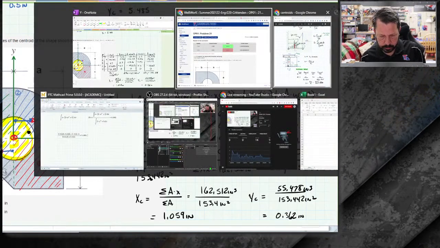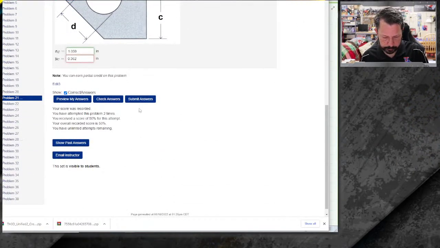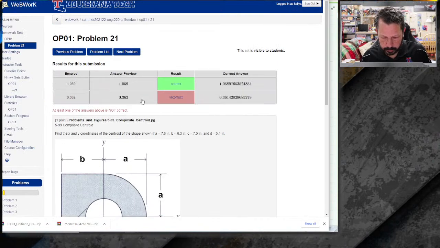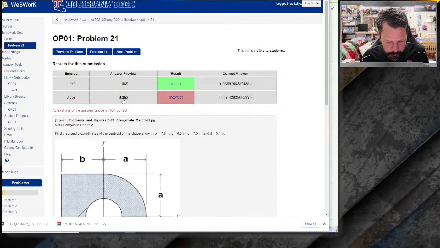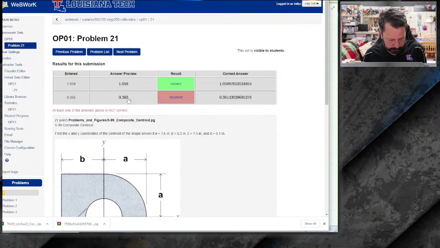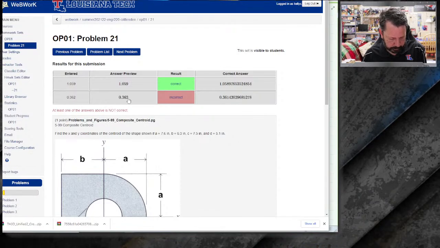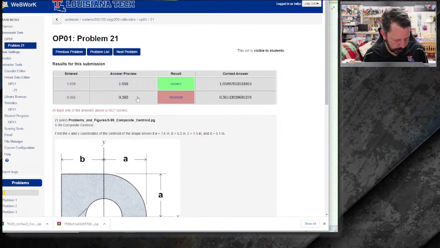So I made a little mistake there. Oh, well, now it's 0.361 and I got 0.362 because I didn't show enough decimals on my calculator. So that's all that is. I just need to show more decimals.